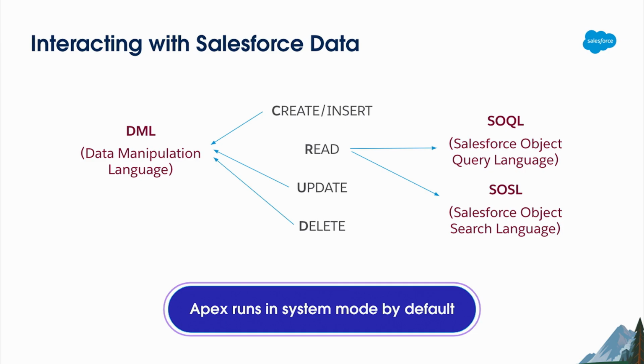If you want to read the data, you use something called as SOQL or Salesforce Object Query Language, which is going to be very similar to a SQL statement. If you want to do a DML operation, that is data manipulation operations like create, update, and delete, you're going to have different keywords to do that. I already mentioned the most important statement, Apex runs in system mode by default.